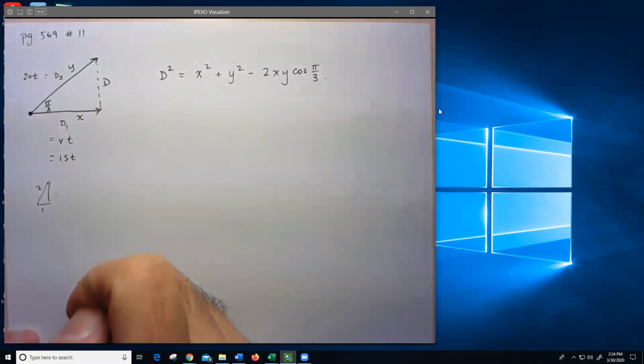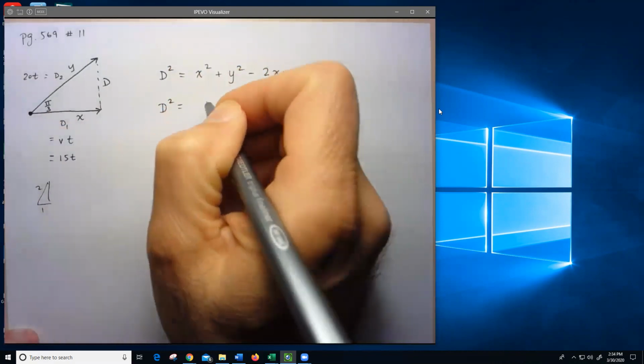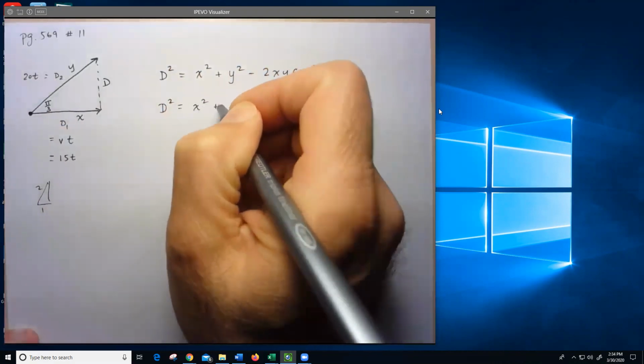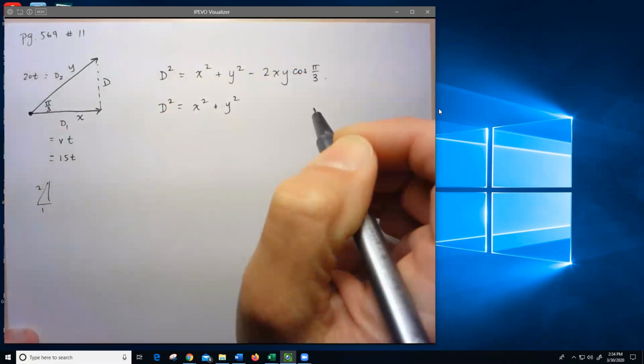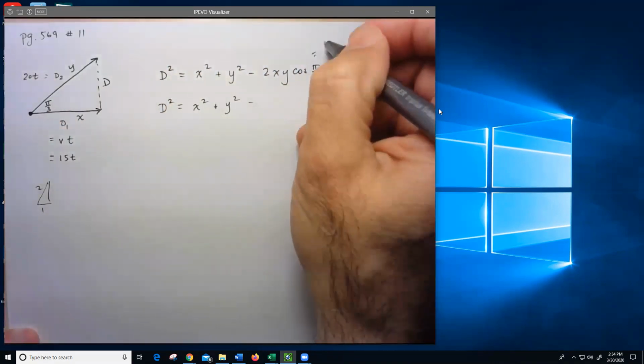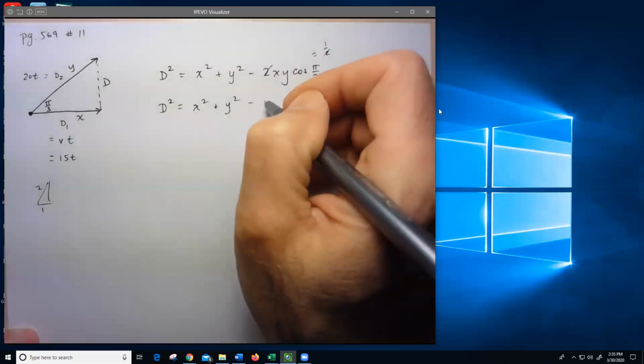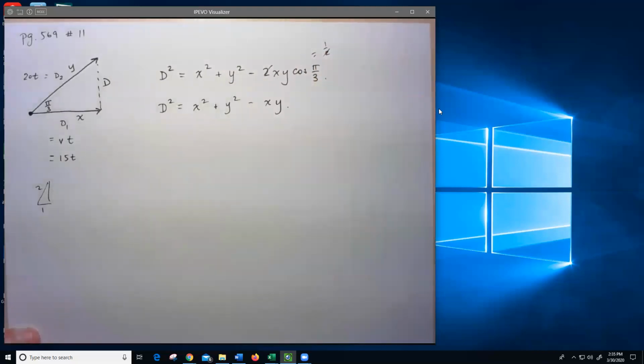That makes life even better. So we've got d squared is equal to x squared plus y squared minus, and this 1 over 2 is going to cancel out with the 2 there, minus xy. Okay, and so now, what am I going to do to both sides of this equation? What rate am I interested in here?